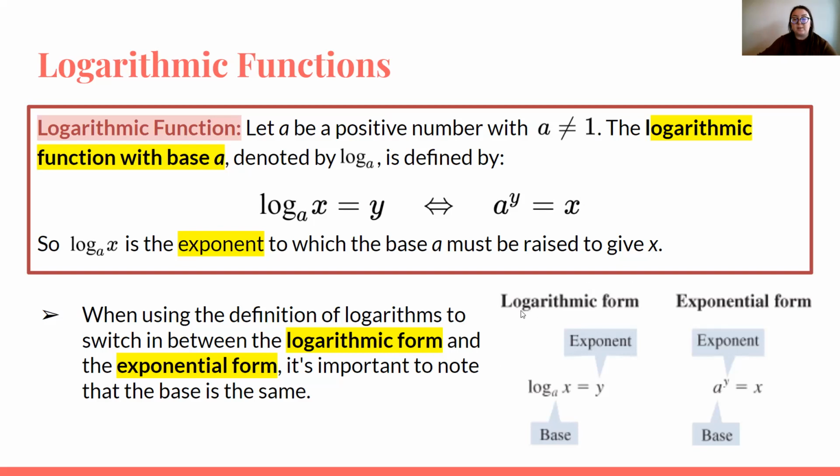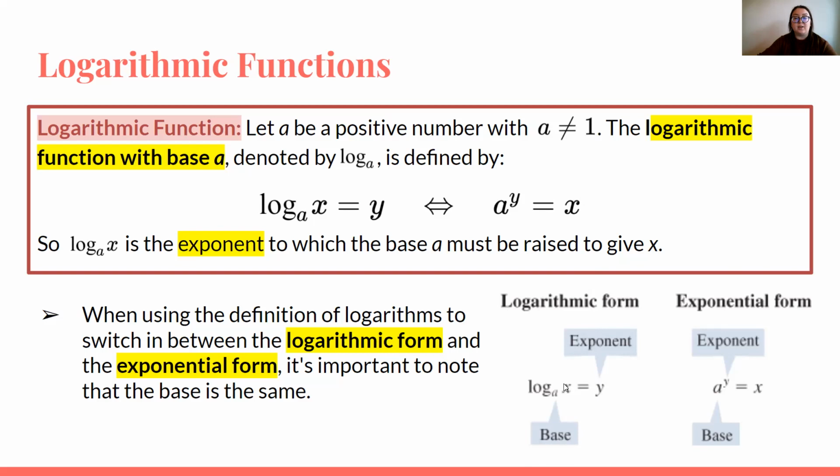If we want something in logarithmic form and we want to put it in exponential form, we're given log base a of x is equal to y. A is the base, so that's the base of your exponent, the a that we see here.